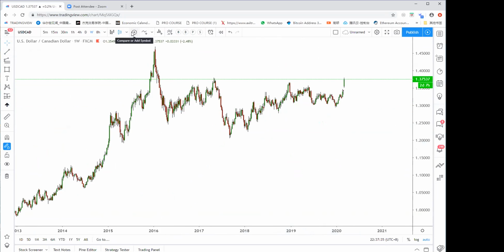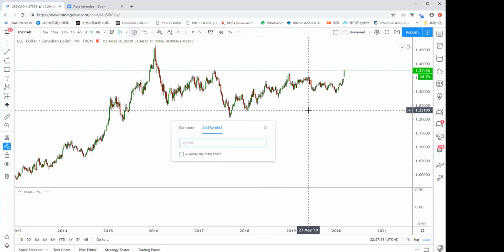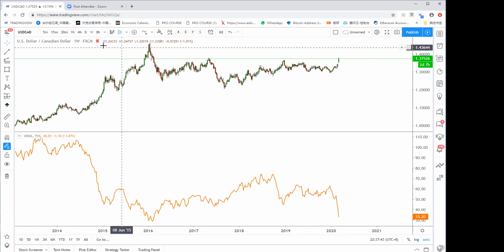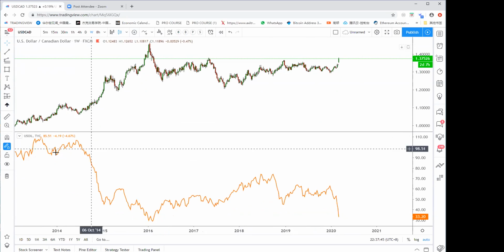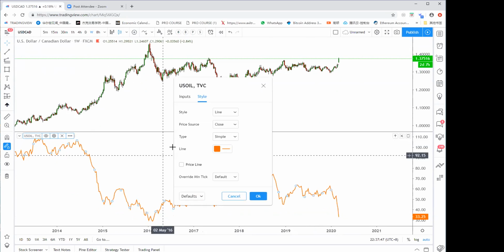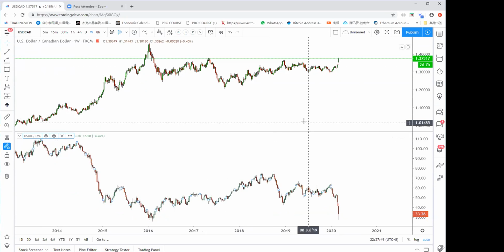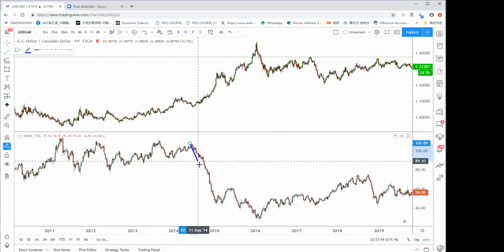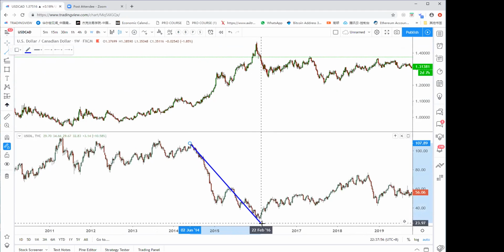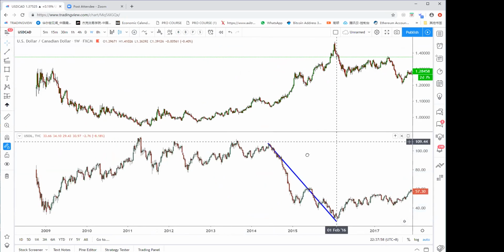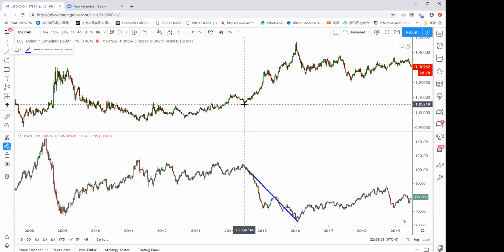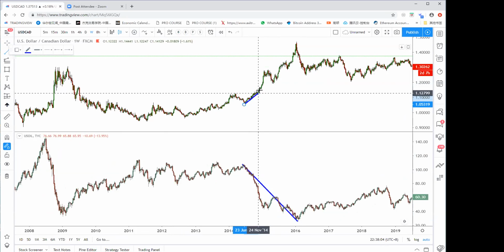So we compare the oil with the dollar Canadian. What you can find is that last time, there was just a little lag between these two pairs. You can see here the oil stopped to fall from here, all the way to the lowest price, 25. The dollar Canadian didn't really go up very fast.